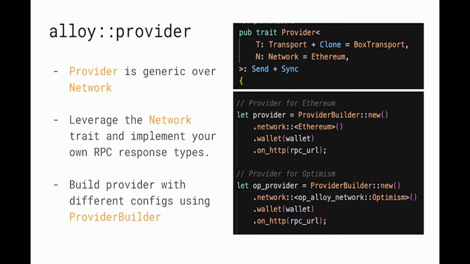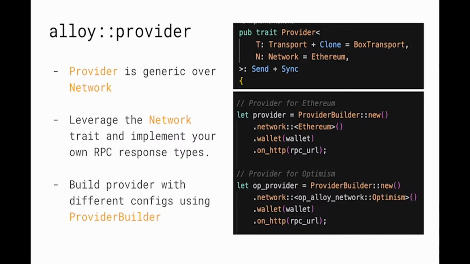Here's an example of the provider builder, which is building two providers. One is Ethereum, which is the default provider in Alloy, and another provider for OP, which uses the Optimism network implementation, which I showcased previously, from the OP Alloy crate.